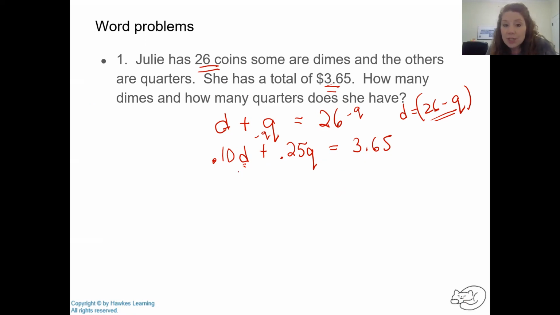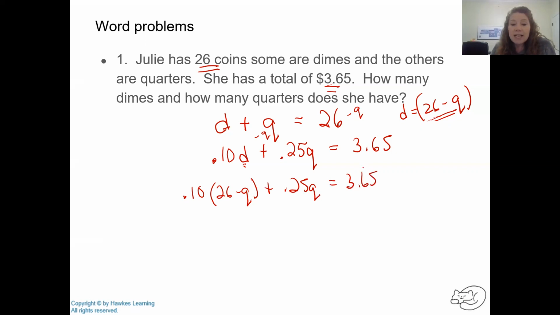I'm using substitution. So I'm going to bring down my 0.10 times D, and D is 26 minus Q, plus 0.25Q equals 365. And now I'm substituting. So 0.10 times 26 is 0.26. 0.10 times negative Q is minus 0.10Q plus 0.25Q equals 365.